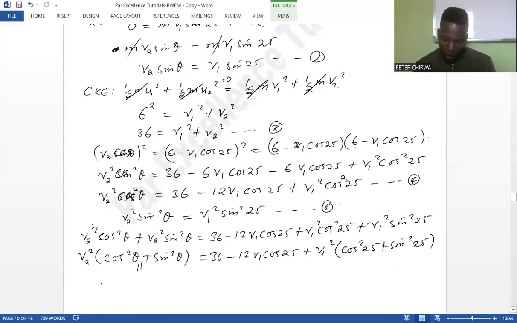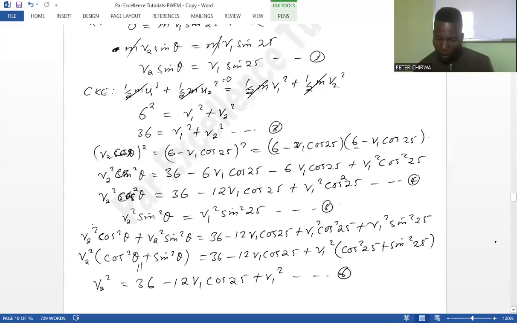So what I'm going to have is v2 squared being equal to 36 minus 12 v1 cos 25 plus v1 squared. So that is my equation 6.